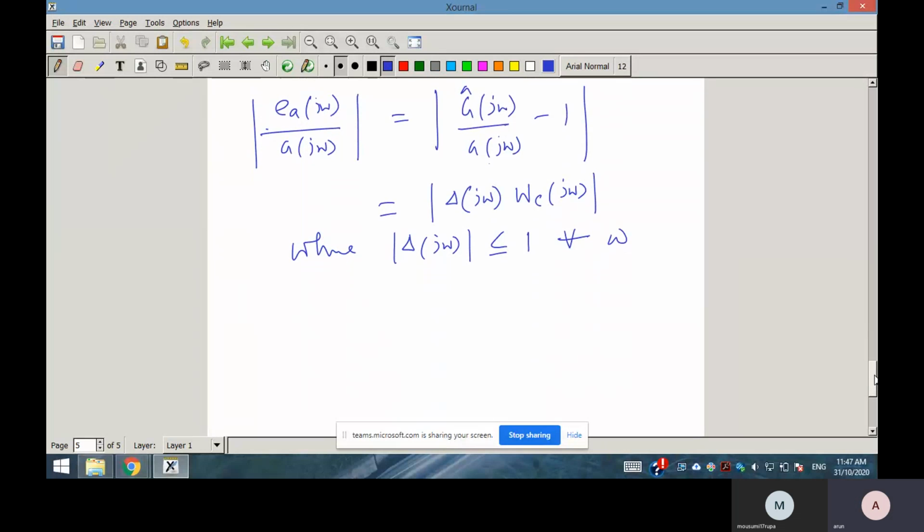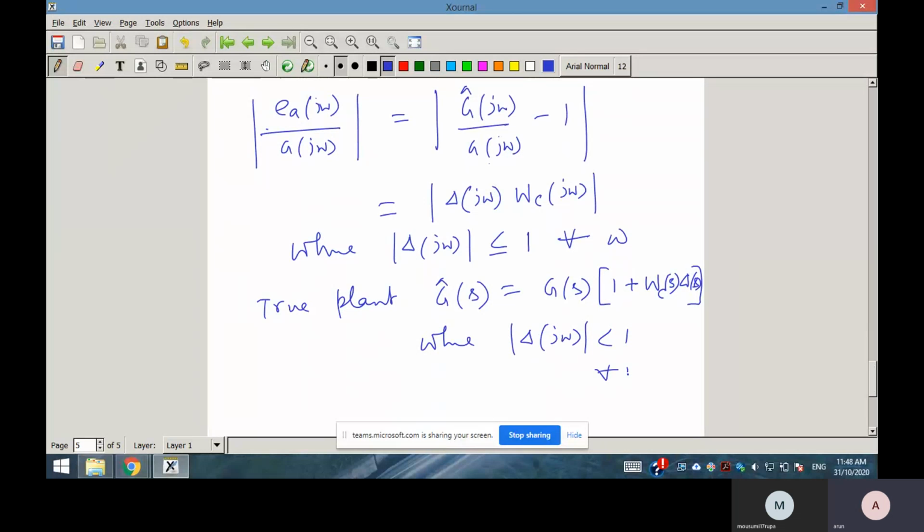Right. So now from this expression, you can write the true plant expression like this: G hat of S equal to G of S into 1 plus WC of S into delta S, where delta j omega is less than or equal to 1 for all omega.